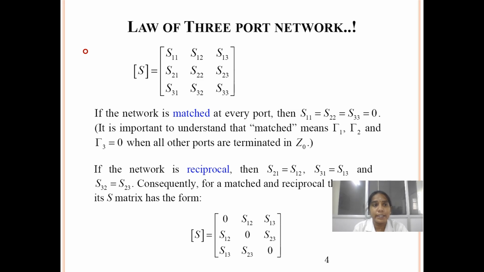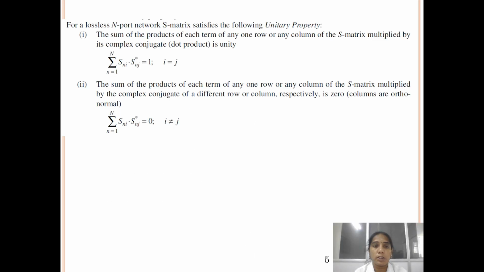Now let me enter into the next important property, the lossless property of the network, which we have already discussed in the classroom. Let me recall it here for deriving the S matrix of the E-plane T. In the unitary property, the sum of the product of any term in any row or column multiplied by its own complex conjugate will be equal to 1.